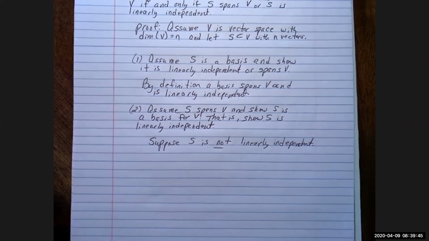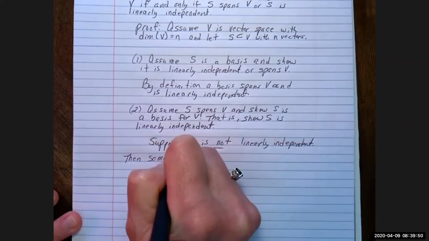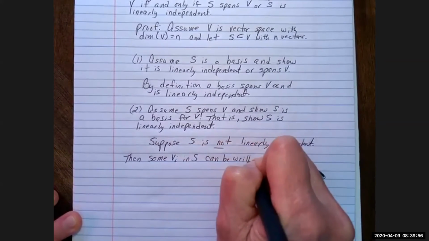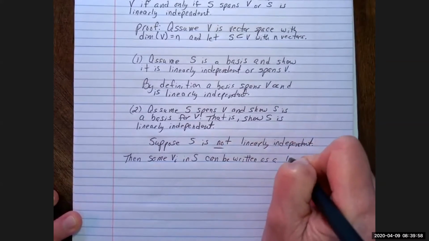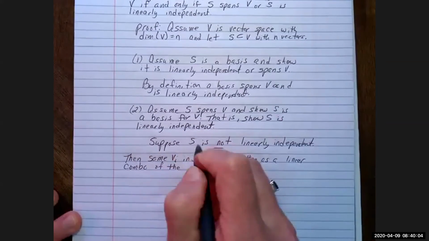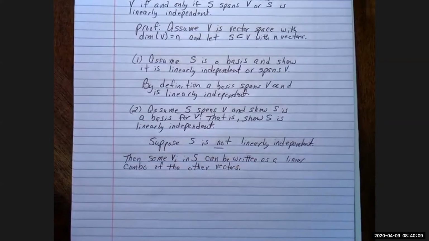Then there has to be some vector that can be written as a linear combination of the others. So what would you do with that vector? Throw it out, right?